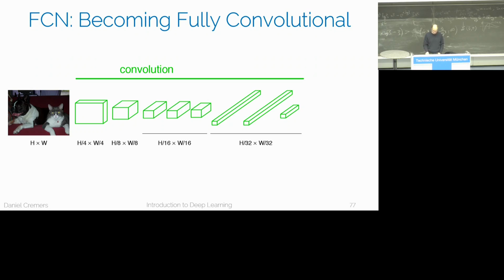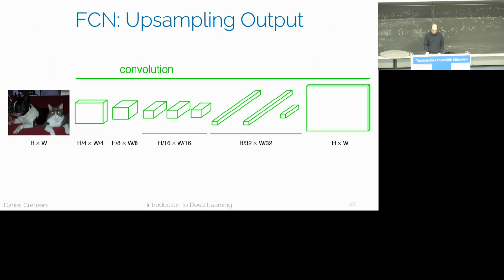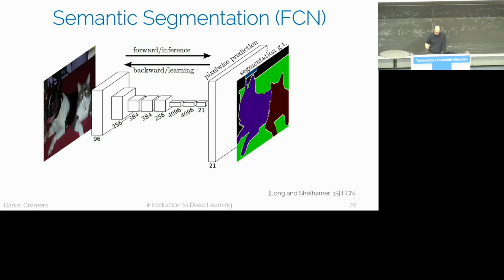So if you don't have any fully connected layers, then it's easier. Then you can run it on any image, and then the output will also be an image, as we saw with convolutions, right? But in practice, you might want to have a fully convolutional network like the one that was advocated by Long and Shelhamer in 2015.